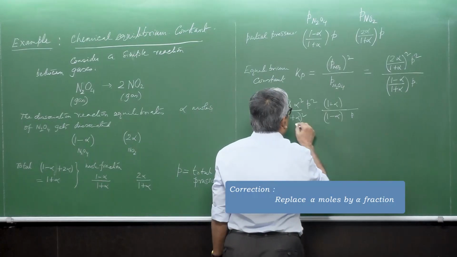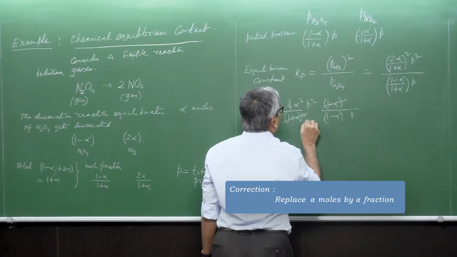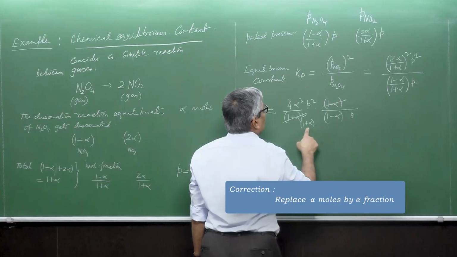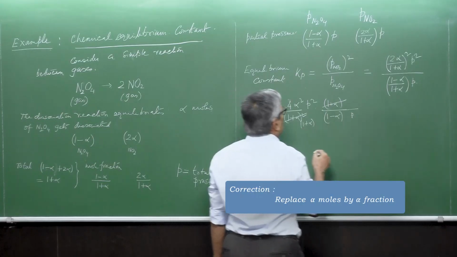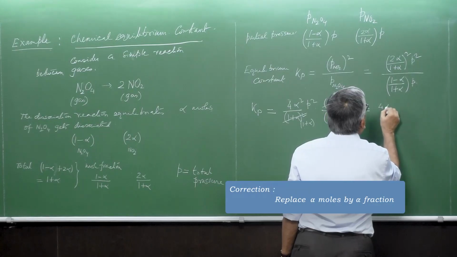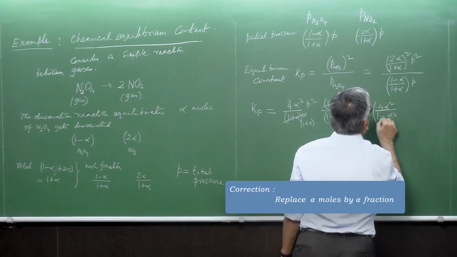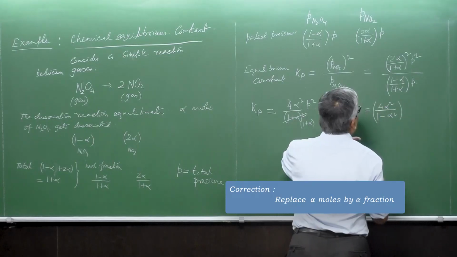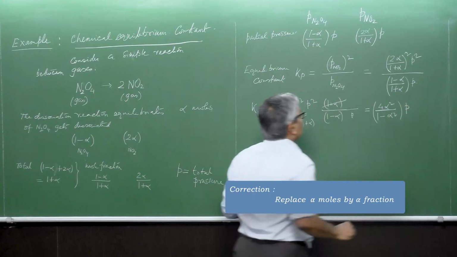This gives me 1 plus alpha into 1 plus alpha, and 1 minus alpha squared. So this is 4 alpha squared divided by 1 minus alpha squared times P. P cancels out partially; I have only one P here.